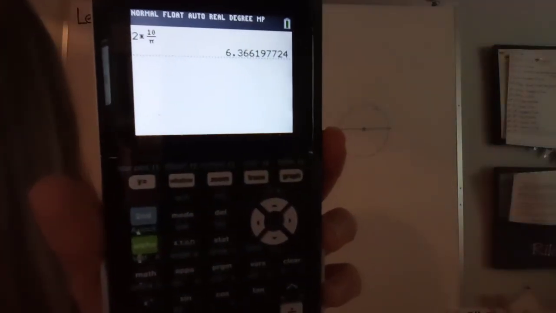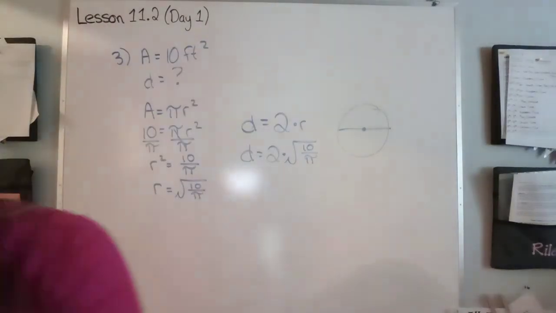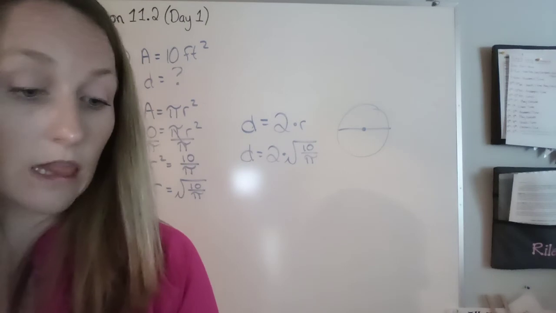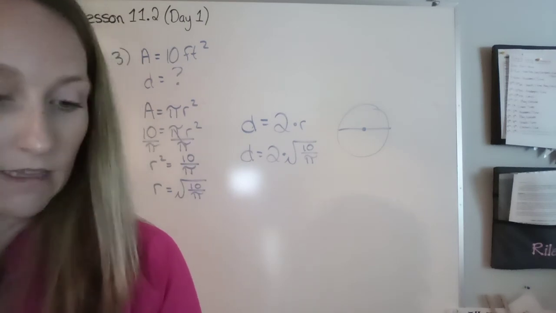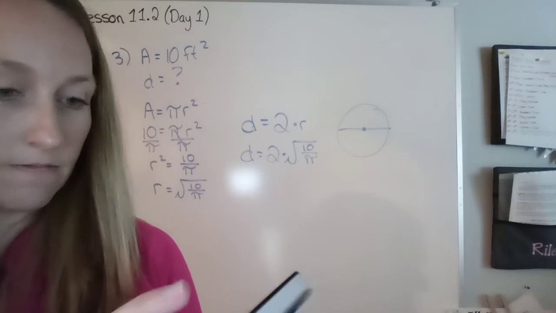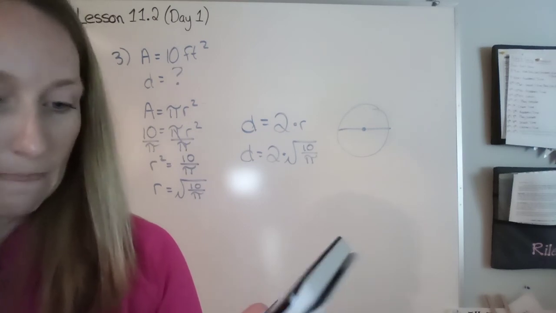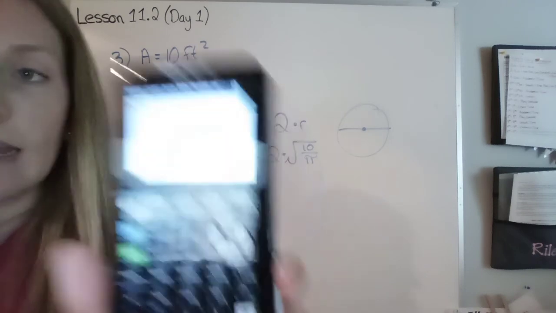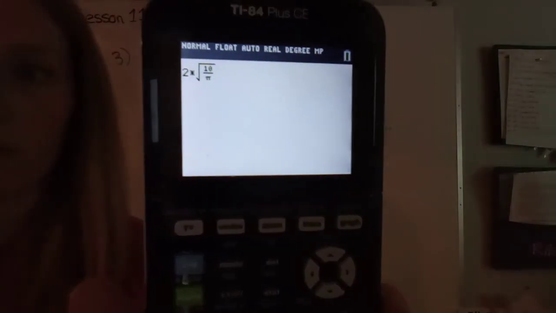And you can see that you're going to get, oh, that's not right. I forgot to put it under the square root. Let me try that again. Looking at my calculation, I'm like, that's not right. Let me try that again. 10 over pi. All right, now, I forgot my square root before.